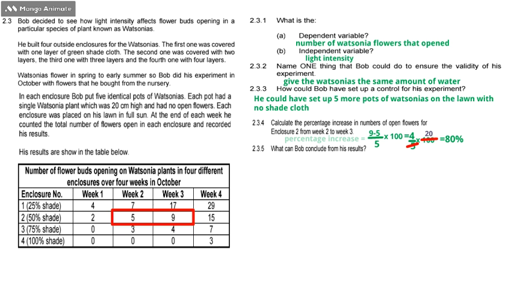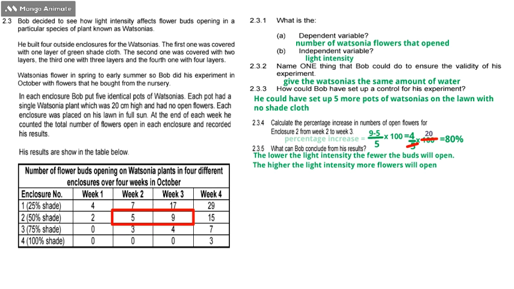Bob can conclude that the lower the light intensity, the fewer flower buds will open. Or you can also say the higher the light intensity, the more flower buds will open. Both of these answers are correct, so basically that's what you can conclude.